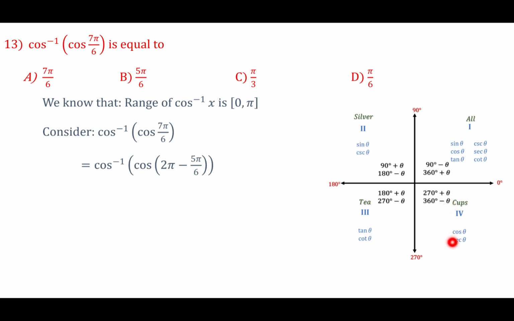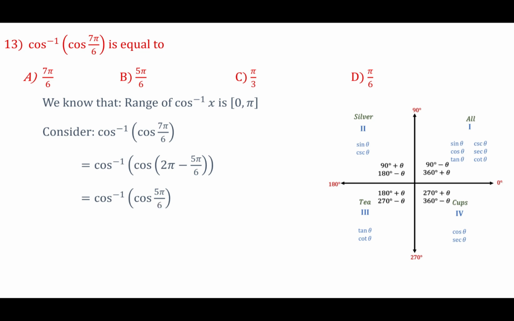And in the fourth quadrant, cosine is positive. So this one is positive directly. So cos of 2 pi minus 5 pi by 6 is cos 5 pi by 6. 2 pi is 360, which is unchanged, so cosine will be the same cosine. So it will be cosine inverse of cosine 5 pi by 6.